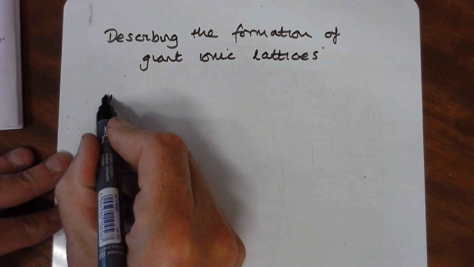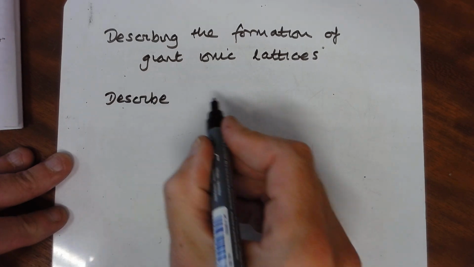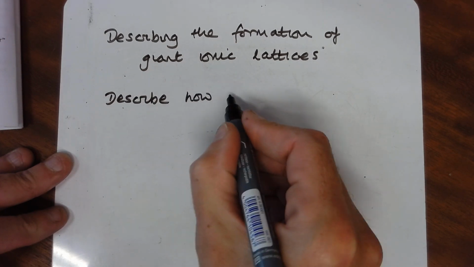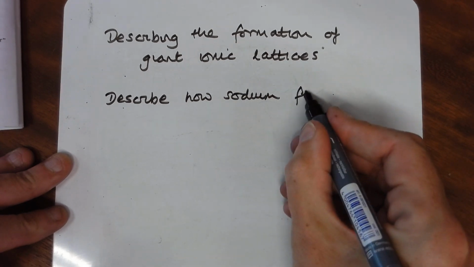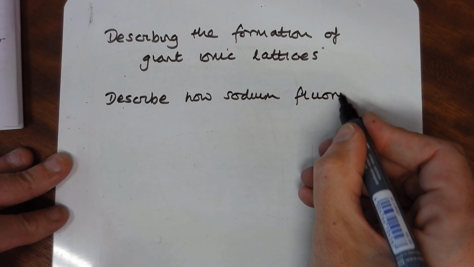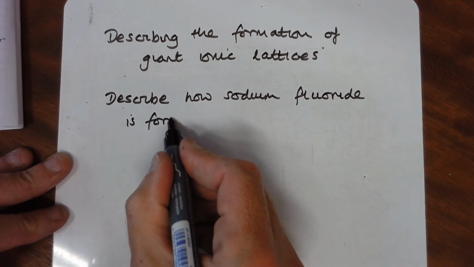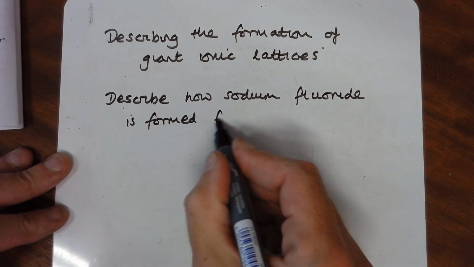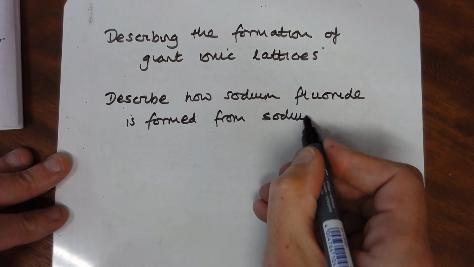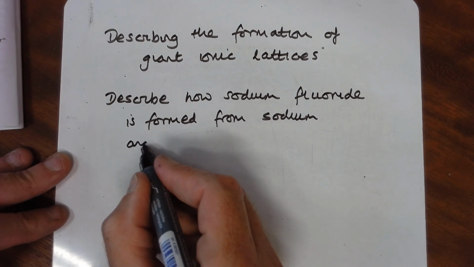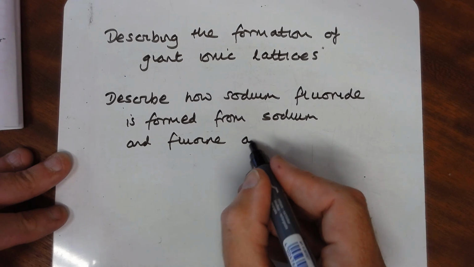Our question, taken from a GCSE past paper: describe how sodium fluoride is formed from sodium and fluorine atoms.